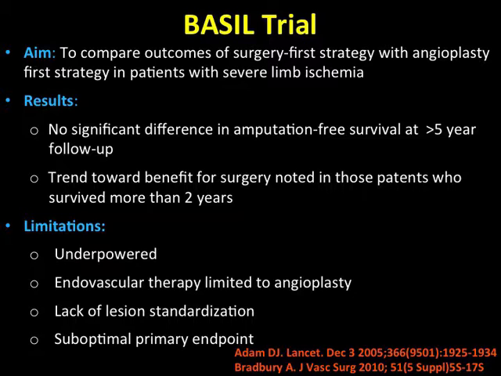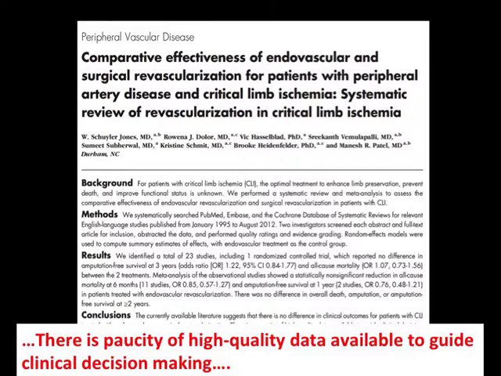Although BASIL was a valiant effort on the behalf of Professor Andrew Bradbury and his team, it was underpowered. Endovascular therapy was limited to angioplasty alone, making it obsolete almost immediately. There was lack of lesion standardization, and amputation-free survival, although a common endpoint in the space, is not a great endpoint when you're comparing strategies.